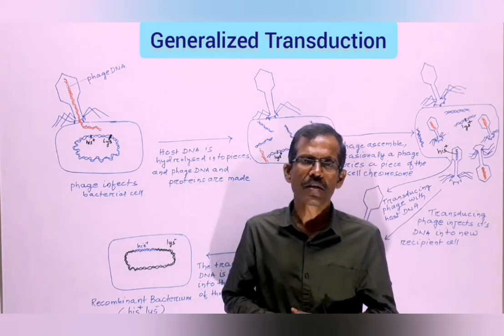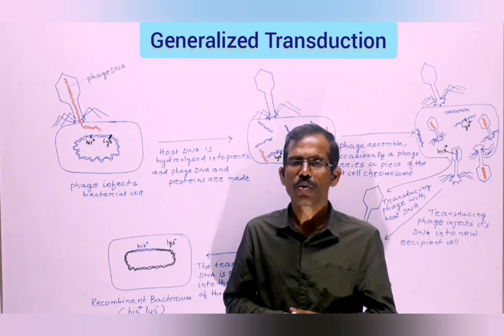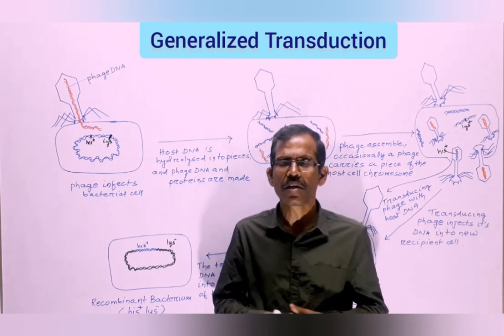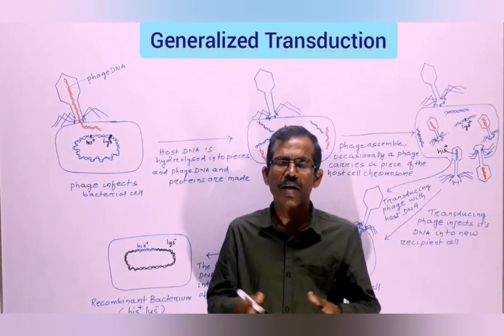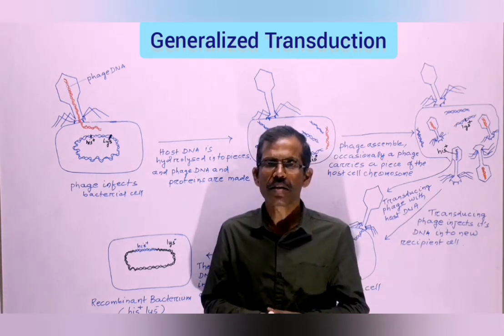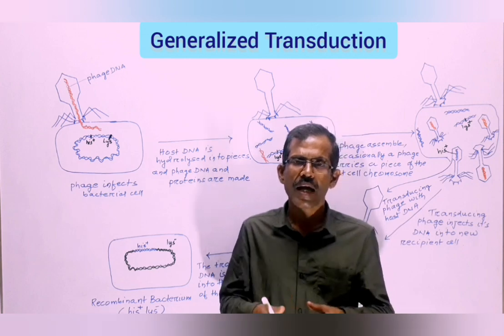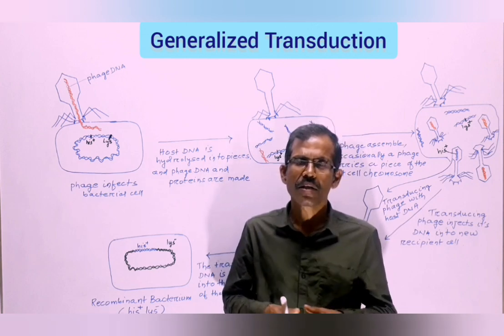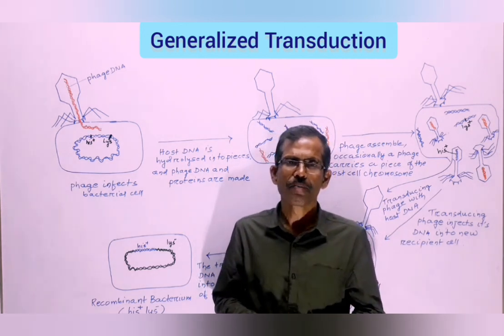These phage particles are called generalized transducing phages, which can inject the nucleic acid into other bacterial cells, but they cannot initiate a lytic cycle. Such phage particles only act as a carrier of genetic information from one bacterium to another.